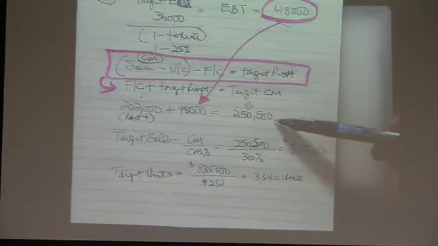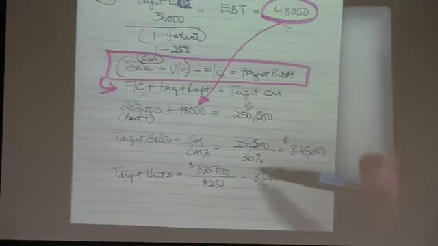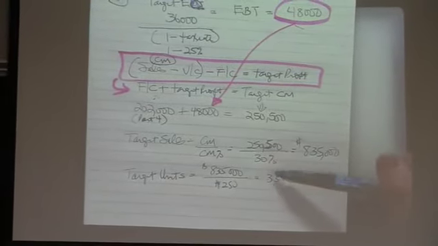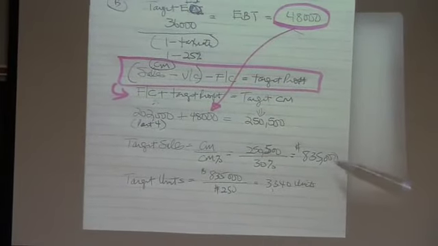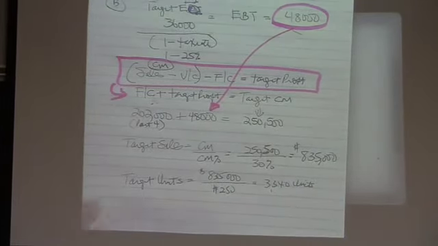Once we've got that, we divide it by the contribution margin percentage to give us total targeted sales. And then we convert that to number of units.